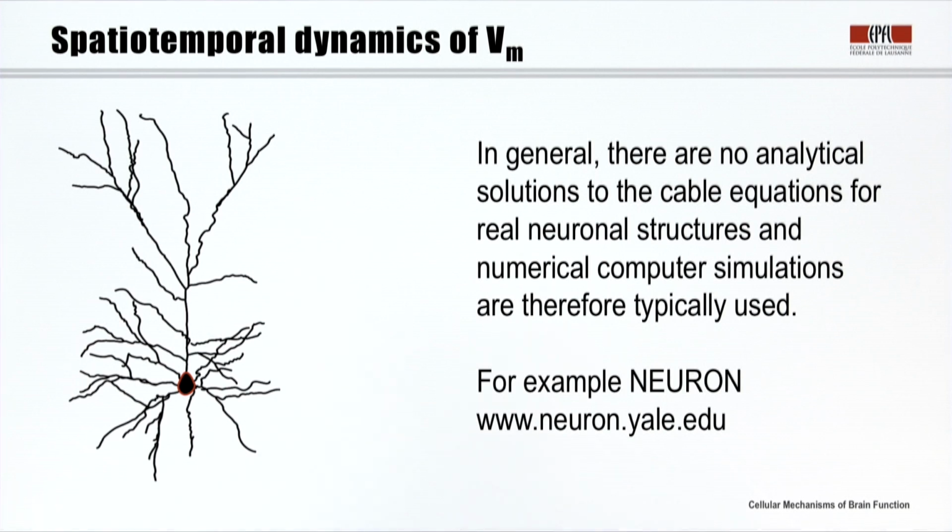And one that's particularly used often is the one called Neuron, which is freely available for download at this World Wide Web address. And you can download it and play with these simulations and see for yourself how complicated and interesting the spread of neuronal membrane potential is within individual neurons.